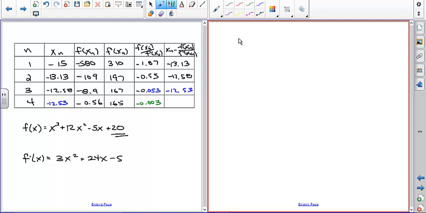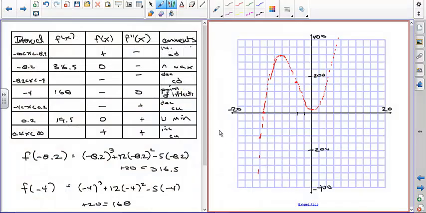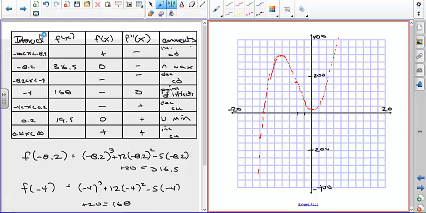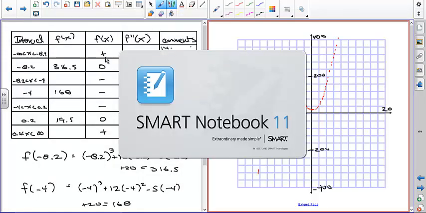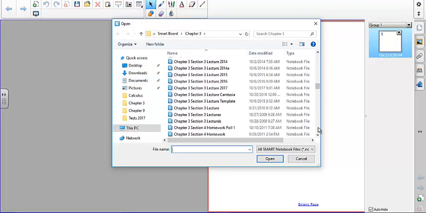Multiply that whole thing out. What I'm going to do is go back to last year and find out what I actually calculated it to be, because I don't want to do it all over again. It's a long calculation. I think I did it last year. Let's see here.